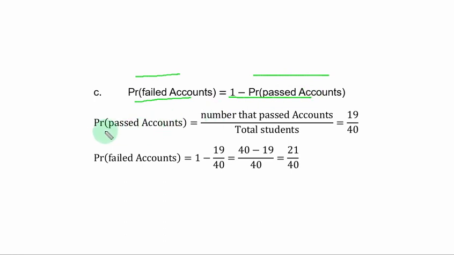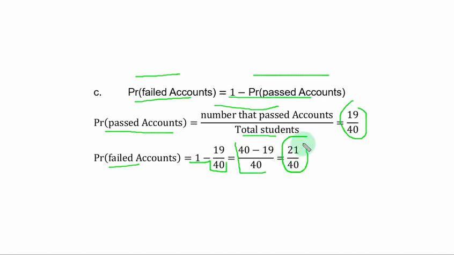The probability of those that pass accounts is the number that passed accounts over total students, that is 19 over 40. For those that failed, the probability becomes 1 minus those that pass. That simplifies to this, and you have 21 over 40 as the probability of those that failed accounts.